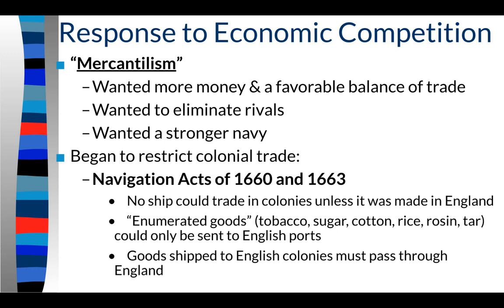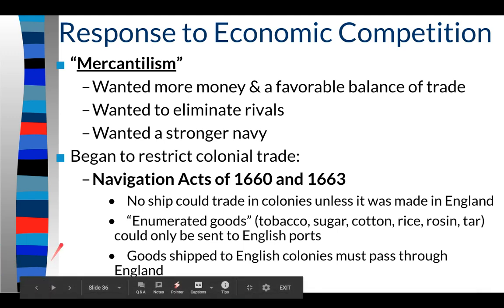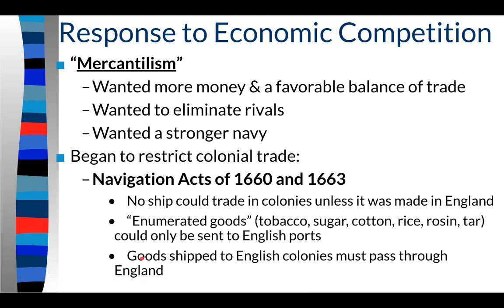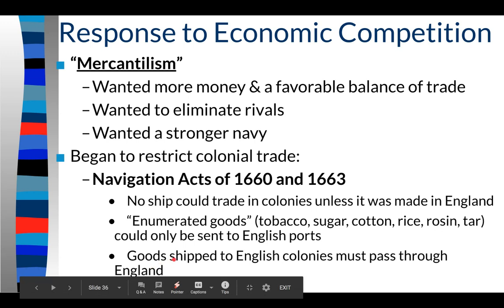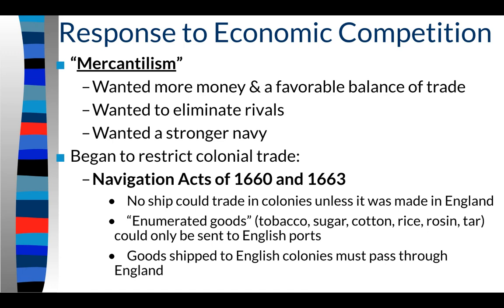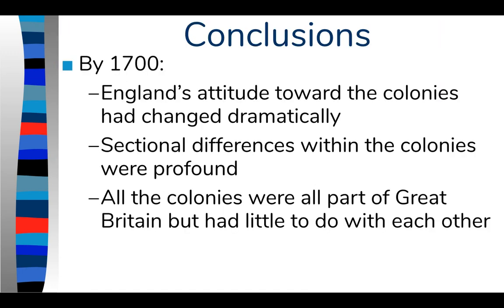So again, England is just saying, whoa, I'm sorry, I forgot about my colonies over there. Now I'm going to take more control and make more money off of what they're growing. And right here, I already said this one, goods shipped to English colonies must pass through England. So if any goods are being sold to the colonies, those items have to pass through England. So this is huge.